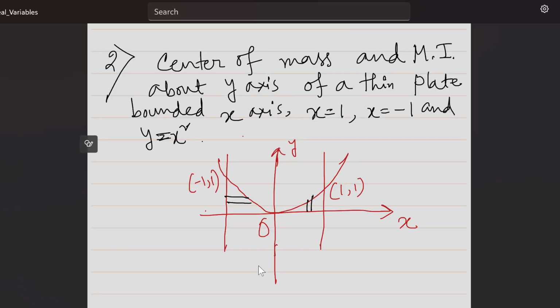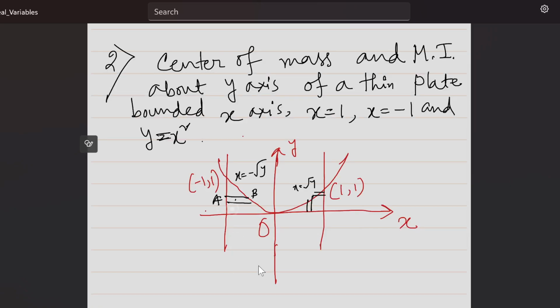Because horizontal means x for a fixed y, x varying from this A point to this B point. At this B point, x is minus root y, but here x is plus root y. So you have to do two integrals.